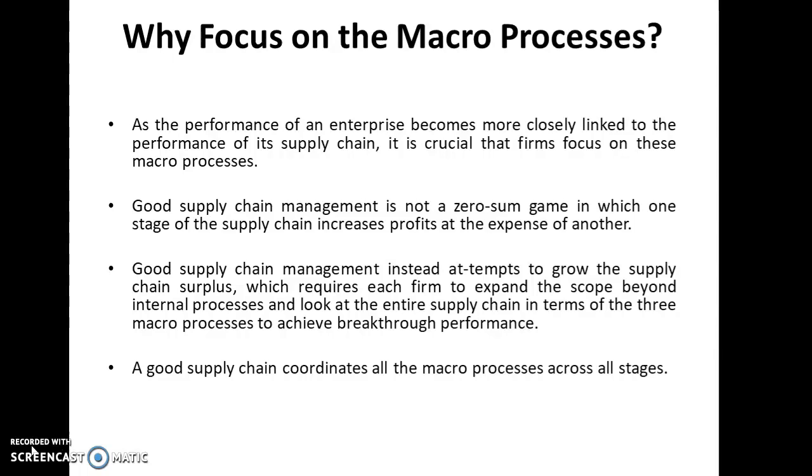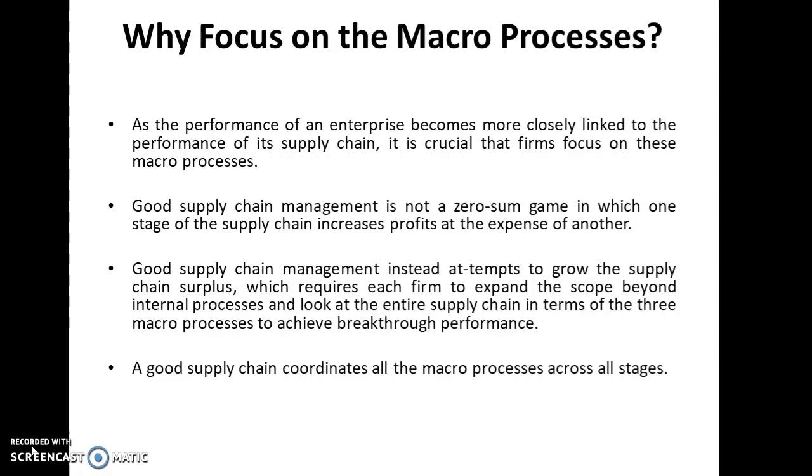So, good supply chain management instead attempts to grow the supply chain surplus, which requires each firm to expand the scope beyond internal processes and look at the entire supply chain in terms of the three macro processes to achieve breakthrough performance. As we have discussed, supply chain management is not a zero sum game.